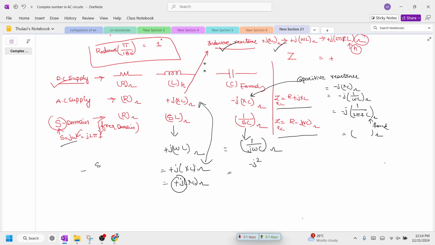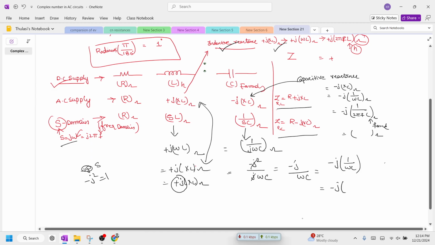Since we have j square, I mean minus j square is equal to 1, so minus j square divided by j into omega C. The j will get cancelled. This is minus j divided by omega C, which can be written as minus j 1 by omega C. So 1 by omega C is nothing but XC ohms. That's why I have written in this format here.